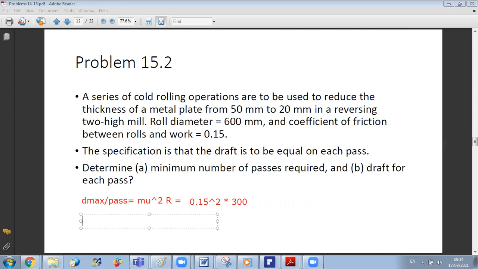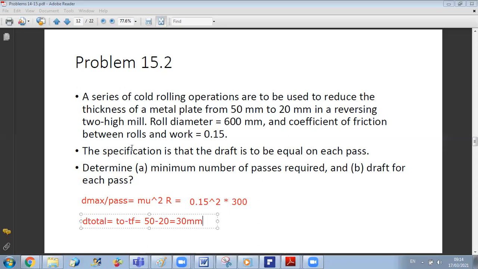And the total draft required, D total, is equal to T0 minus T final. The initial thickness is 50. You want to reduce to 20. So 50 minus 20, you should reduce 30 millimeters. Okay?